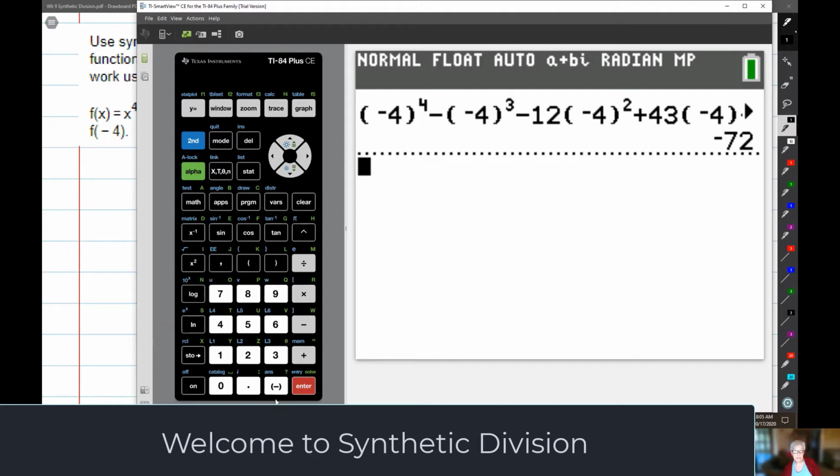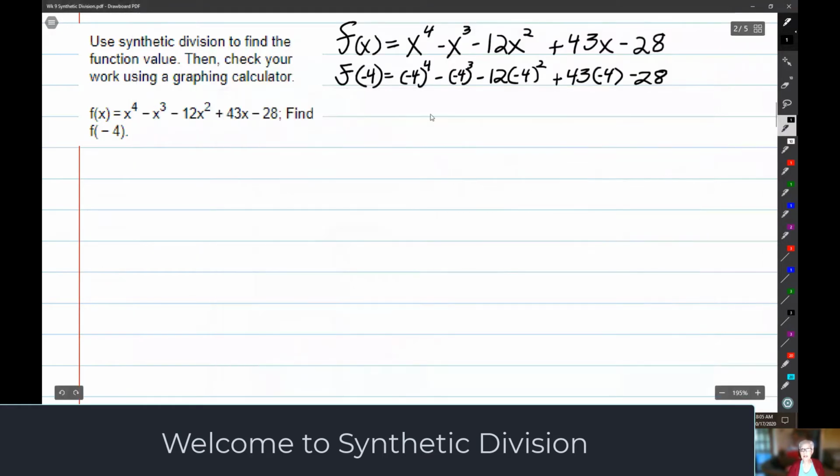You have a negative button for negative numbers. Not all calculators are the same, but if you have a TI graphing calculator, you will have the 2 buttons, one for subtraction and one for negative numbers. So negative 72 is the answer. And that took a good bit of time, because you want to make sure you have it right.